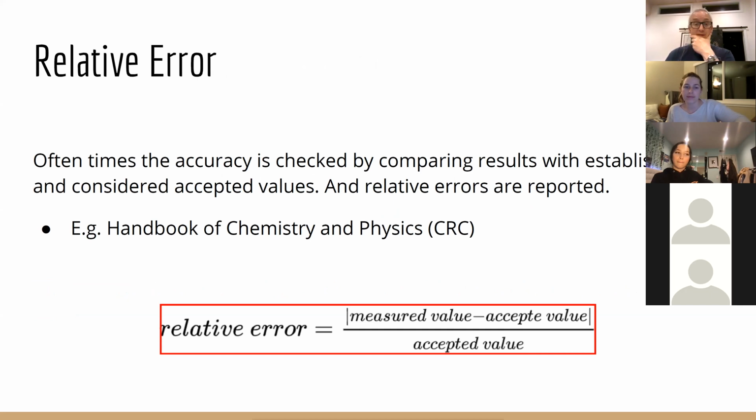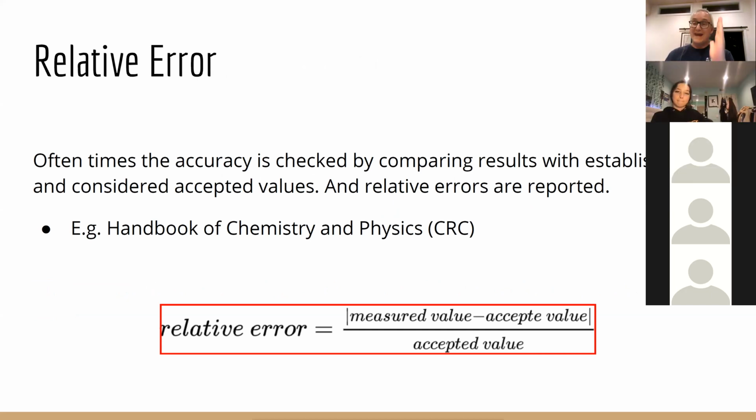Relative error. Now, if you can figure out what the accepted value or the proper value is, for instance, we know what the mass of water should be. The mass of water should be 1 gram per milliliter.